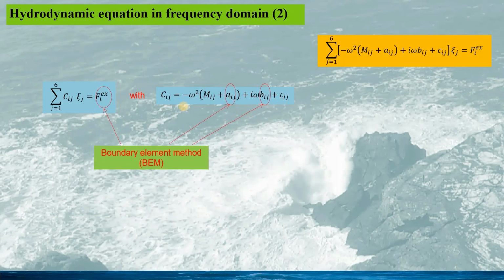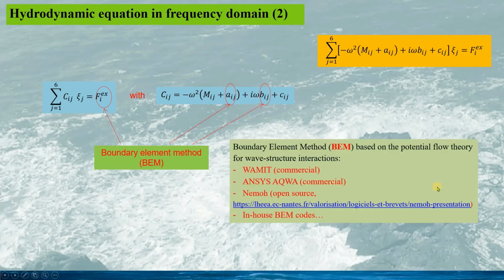For this frequency domain equation, the relevant parameters, the excitation force Fexi, the added mass Aij, and the radiation damping Bij, can all be calculated from the boundary element method as we introduced in the previous talks on this topic.